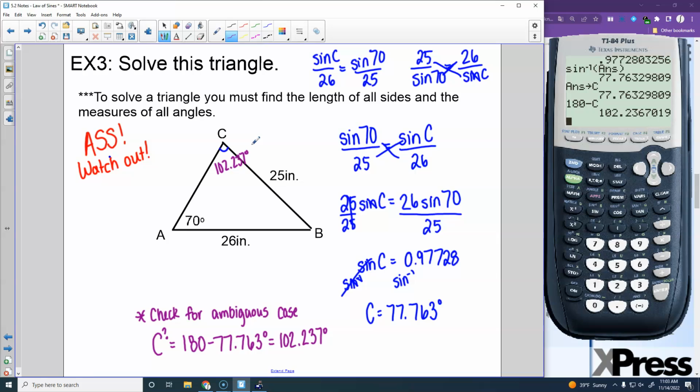So what we have here is an ambiguous case. So we have two possible answers. This angle C is either 77.763 or 102.237. We do not know which one's actually correct. The only way we would be able to find that is if we were doing this in real life, we would go back and take another measurement.